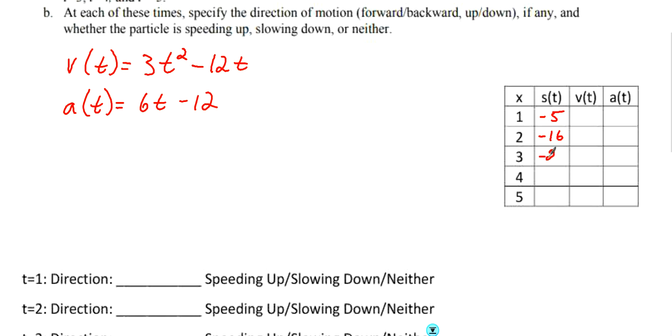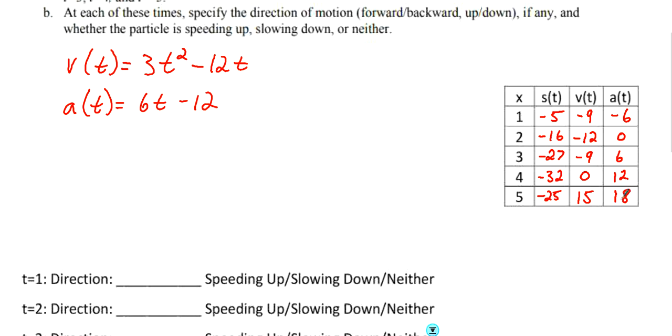Position at 3 is -27, -32, -25. My velocity, plugging in 1, 2, 3, 4, and 5, I get -9, -12, -9, 0, 15. And my acceleration, I get -6, 0, 6, 12, 18.